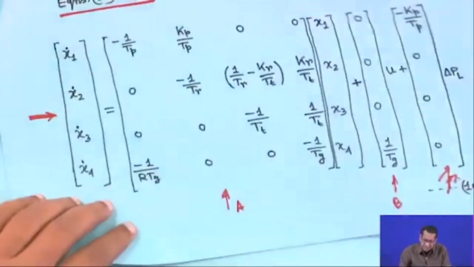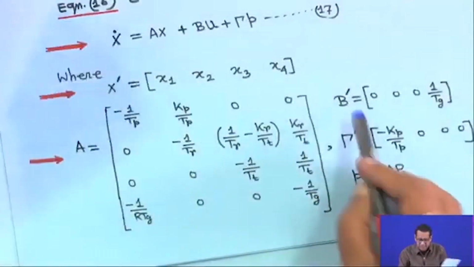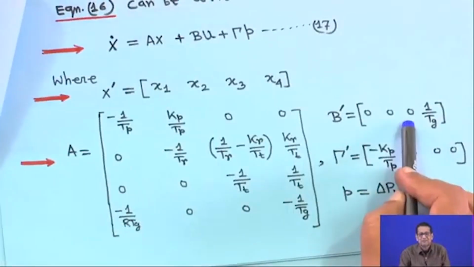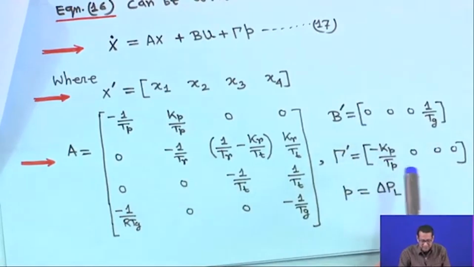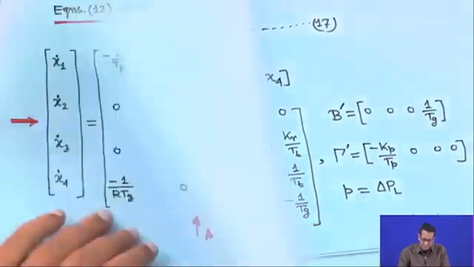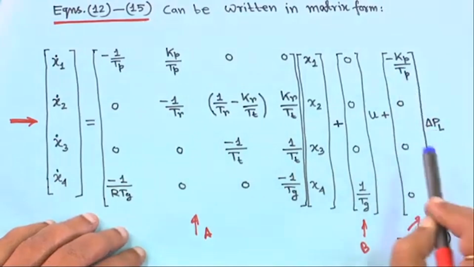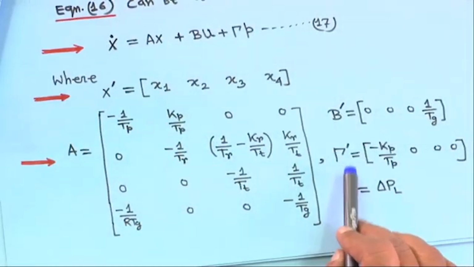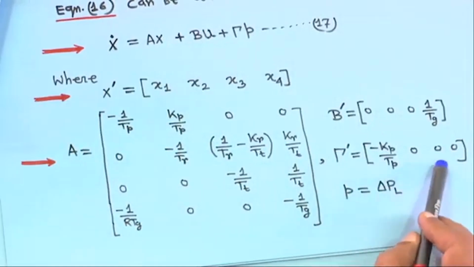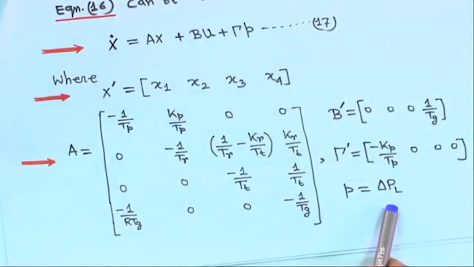The B matrix is 0, 0, 0, 1 upon Tg, but I have written B transpose, with the dash for transpose, so the space can be accommodated. Similarly, gamma dash is minus Kp upon Tp, 0, 0, 0, taken as a transpose to save space, and p is the disturbance, that is your delta PL.